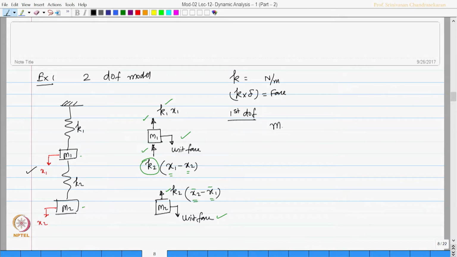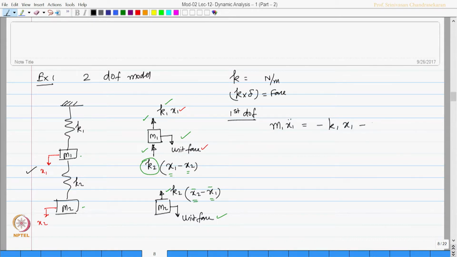So, m1 x1 double dot will be acting down, that is the acceleration force given by x1 double dot, which is the second derivative of displacement x1, which will be equal to minus k1 x1, negative sign because m1 x1 double dot is acting in the downward direction, whereas k1 x1 is a restoring force in the opposite direction, therefore, minus sign.